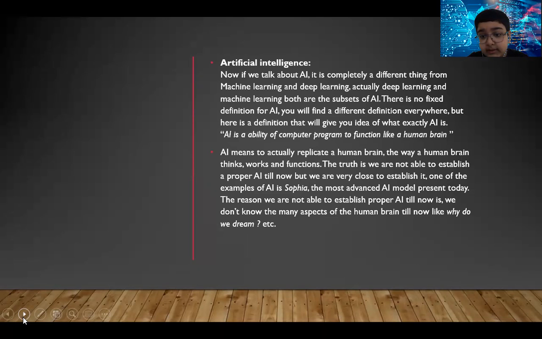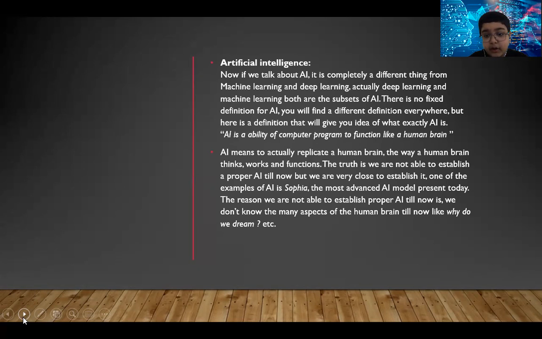The truth is, we are not able to establish a proper AI till now, but we are very close to establishing it. One of the examples of AI is Sophia, the most advanced AI model present today.